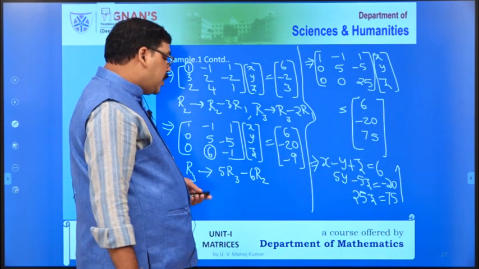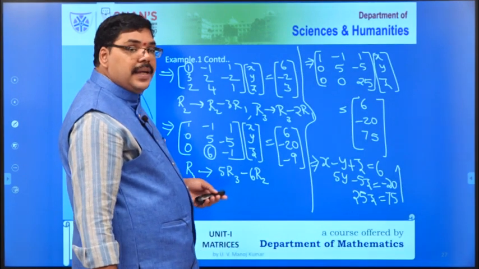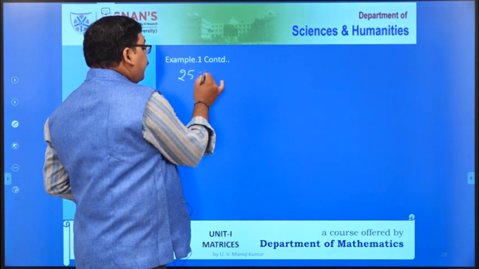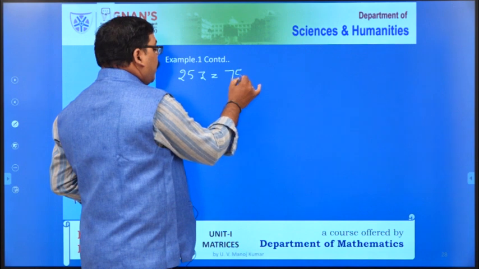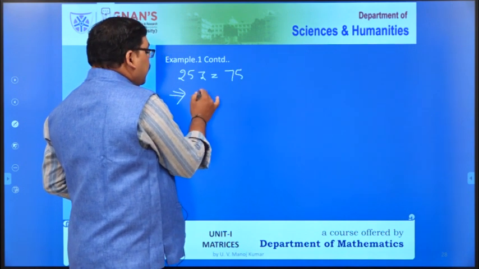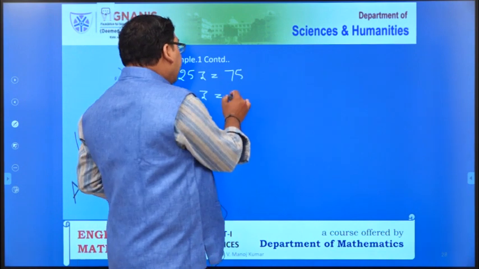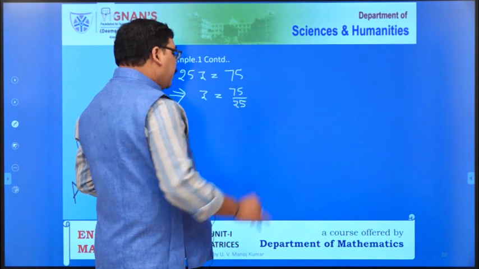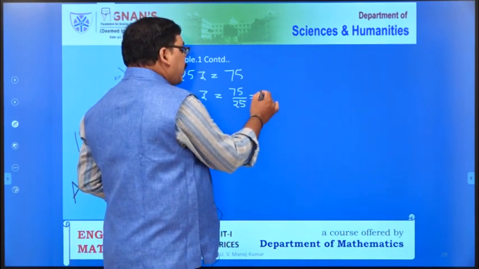So start with the third equation. What is the third equation? 25z equals 75, which implies z equals 75 divided by 25, which is equal to 3.